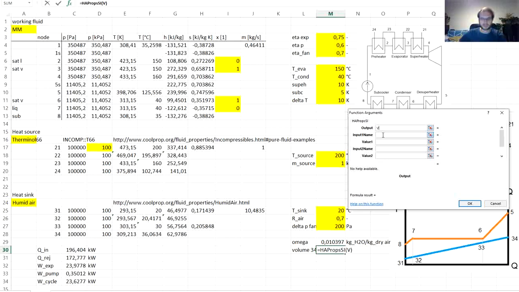So it's some kind of small discrepancy in notation in CoolProp.